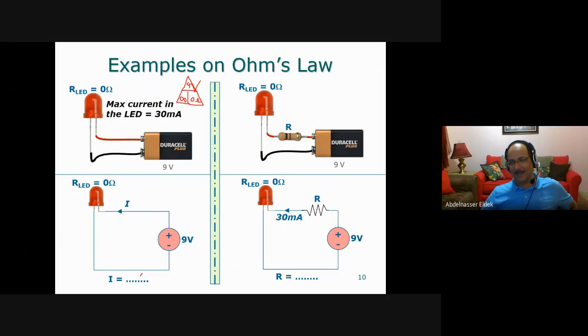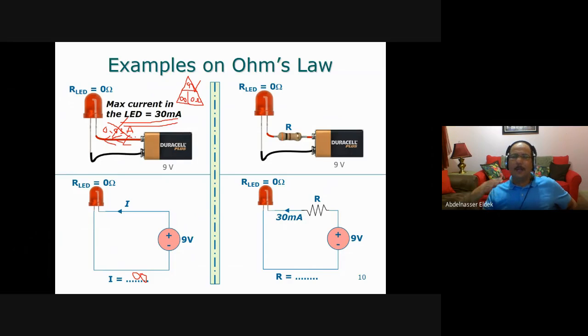They said the maximum current is 30 milliampere, which is 0.03 ampere. So I want the current to be 0.03, but now it is infinity. So it will not work.